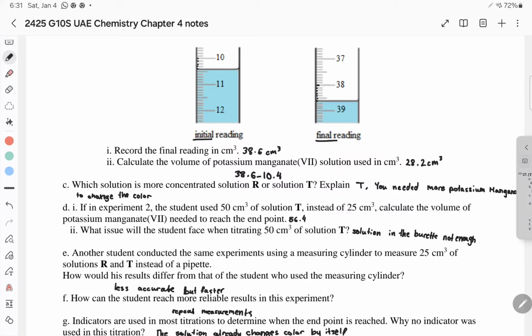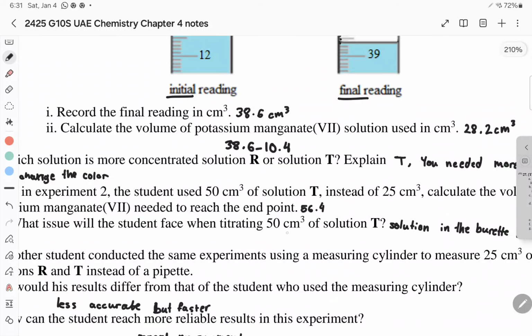Now, what issue will the student face if they were to titrate 50 centimeters cubed of solution T? You wouldn't have enough solution in the burette, because the burette is 50 centimeters cubed. If you need 56.4 centimeters cubed of potassium manganate, it won't fit in a 50 centimeter cube burette.